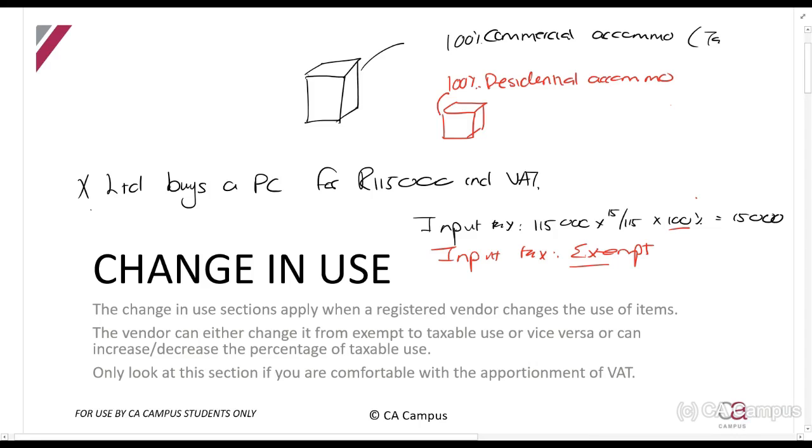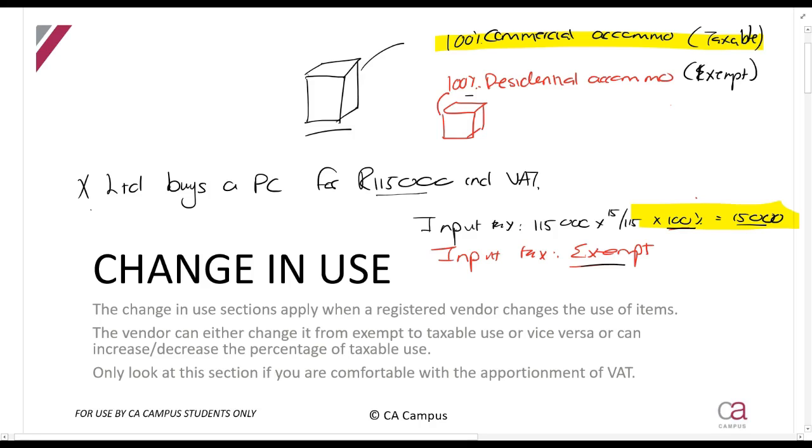Commercial is taxable and residential, we know, is exempt. So if I buy it for my black building, I can claim 100%. If I buy it for my red building, I can claim nothing. Now, don't you think this would be a cool idea? I buy this computer for 115,000 and say I'm going to use it in my 100% commercial building. So then I claim 100%.